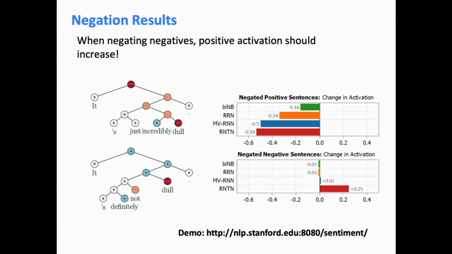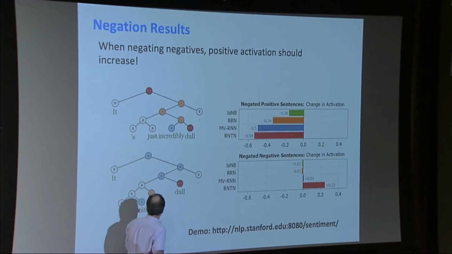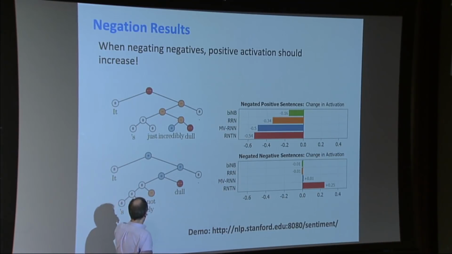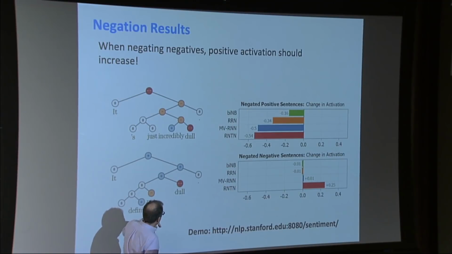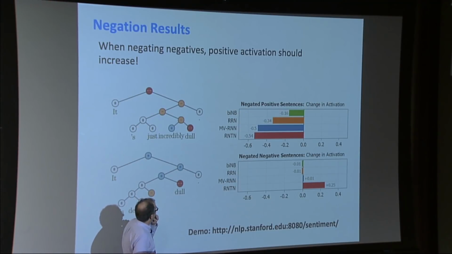This is showing what happens when you have a negative sentence that's further negated. If you do a negation of a negative, things should become moderately positive, right? So dull is negative, and if you say not dull, it doesn't mean it's fantastic, but it means it's moderately positive.